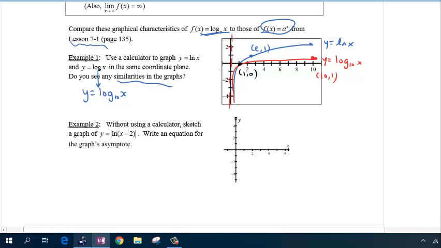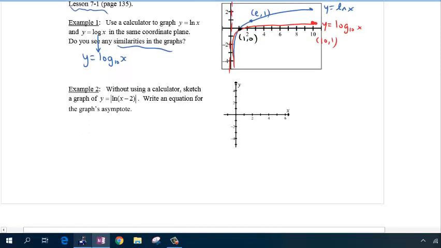Looking at example number 2 now without the calculator, can you use things you've learned from Pre-Calculus 12, the transformations unit, to sketch a graph of y equals the absolute value of the natural log of x minus 2? I like to compare with something that we know, and I hope you know what the ln graph looks like, because I just drew it above.